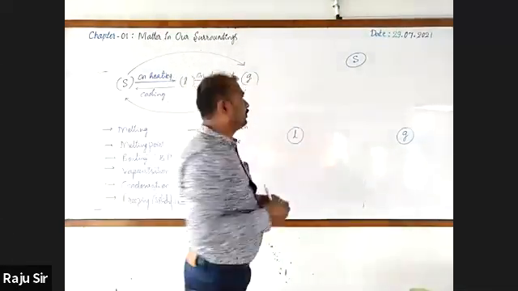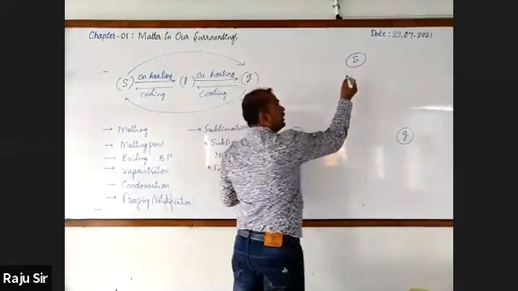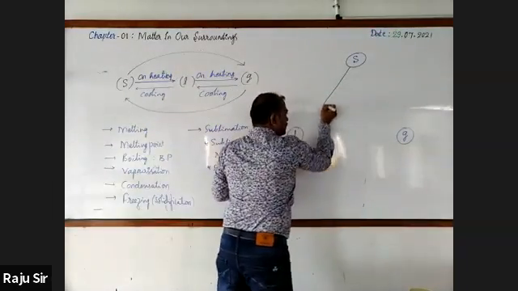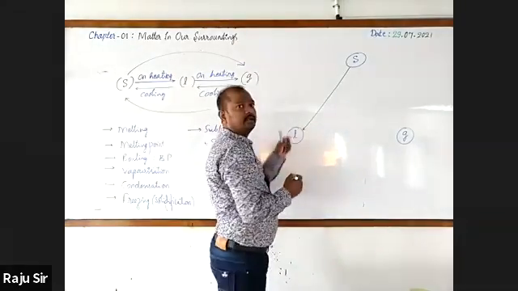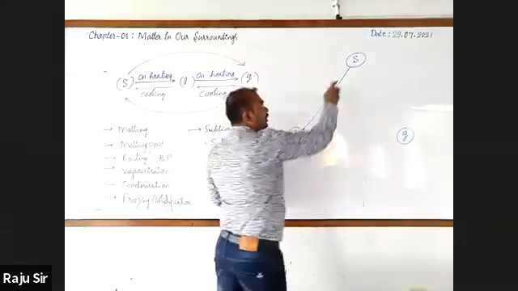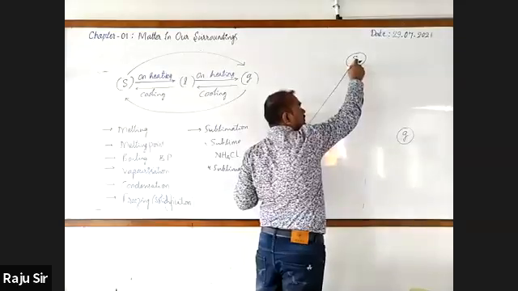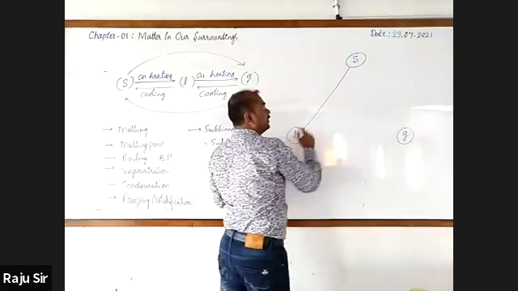Now, we all know that the solid is converted into liquid on heating. What do you call the process of change of physical state of a substance from solid to liquid? Melting.